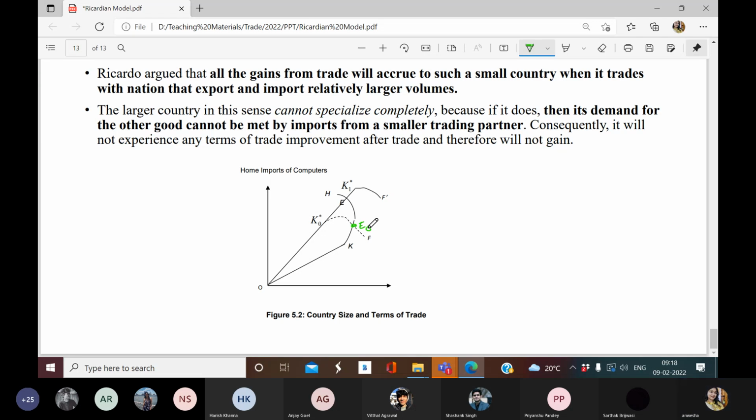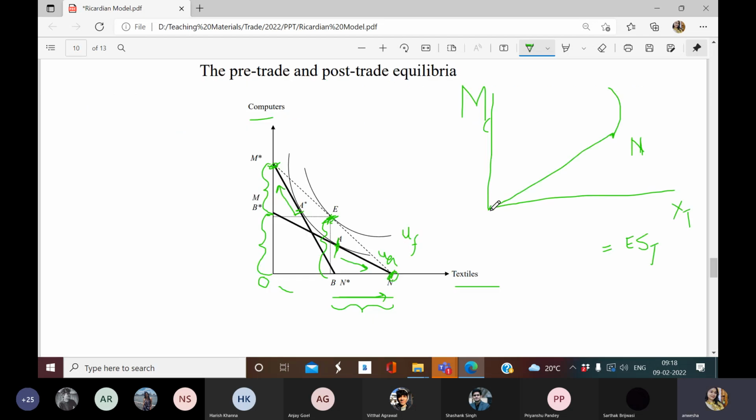The length of the linear segment in an offer curve depends on the country's ability to produce more of this one good. As the country can produce more textile if it devotes all its resources, the larger will be this linear segment in the offer curve.